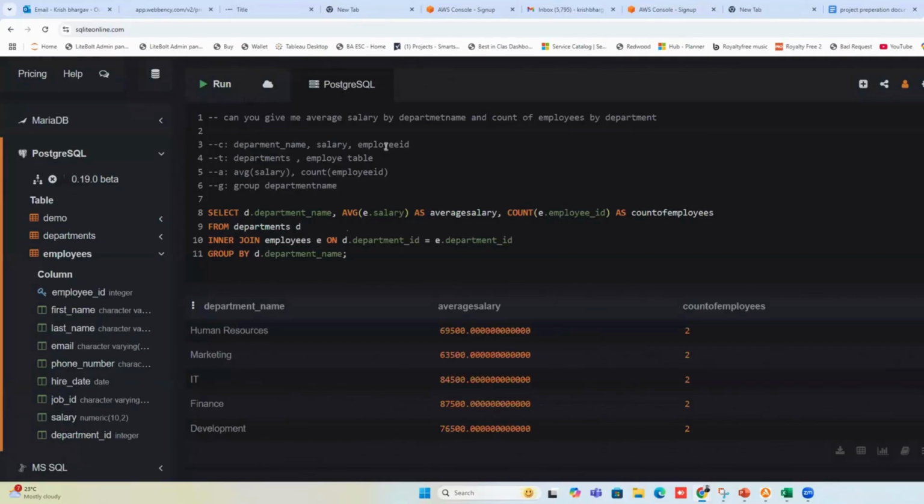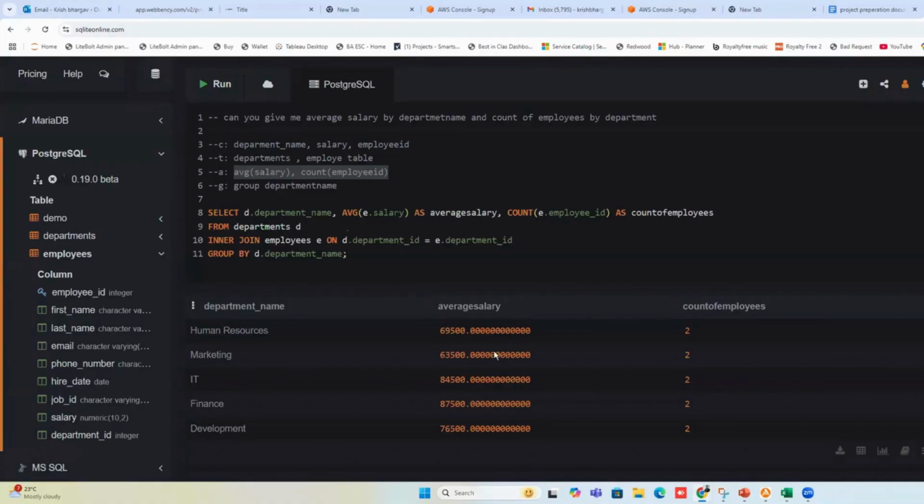So you just have to follow this structure. Select column names from table names. In the column names, you would also mention the average because that is also one of the columns. And finally, you group them by department name. So now what did I get?